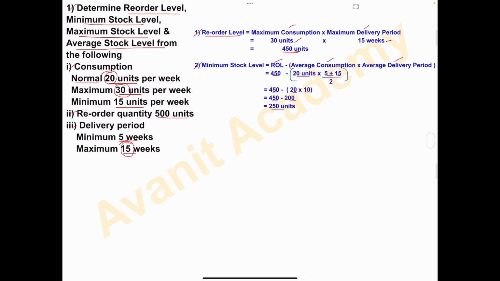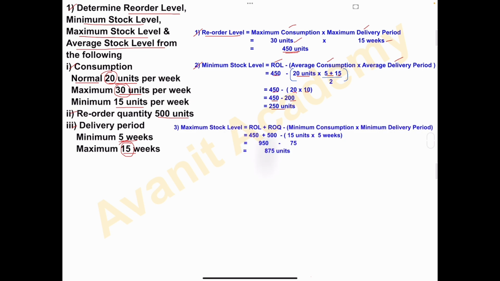Next, we have to calculate maximum stock level. The formula to calculate maximum stock level is ROL plus ROQ minus minimum consumption into minimum delivery period. ROL is 450 plus ROQ mentioned in the problem. See the second point, reorder quantity, that is ROQ, is 500 units.